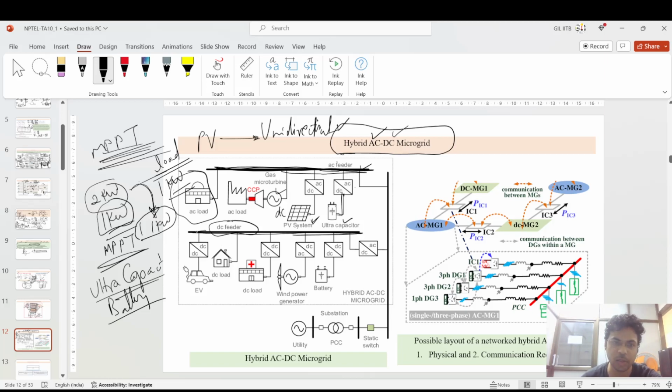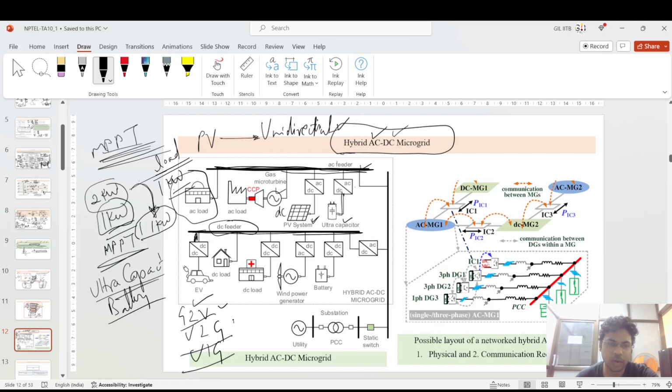Same if you see that there is a DC feeder. A DC feeder means you have to connect only DC components to it. If you have any AC system, you have to convert from AC to DC. You have an EV in the system for charging the vehicle, that is G2V, V2G or V1G. This kind of system needs a certain kind of DC DC converter.